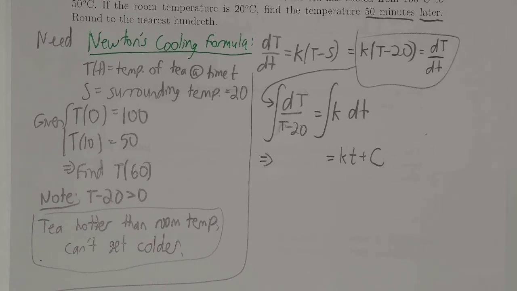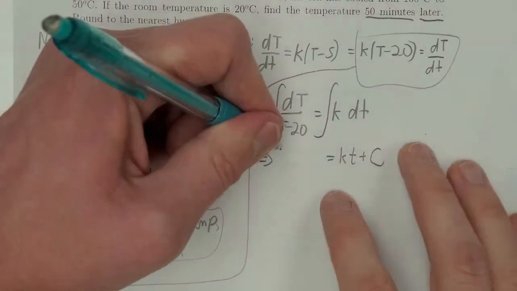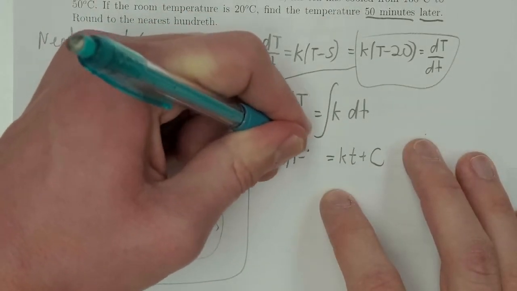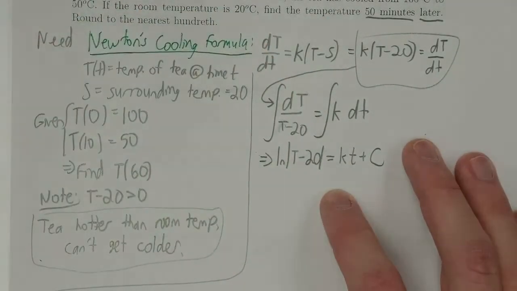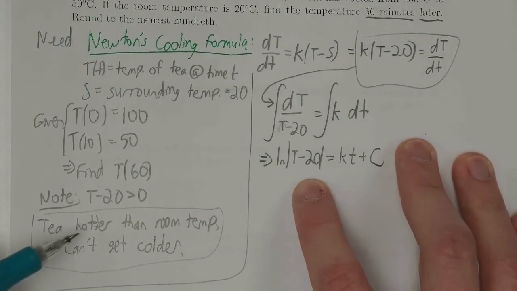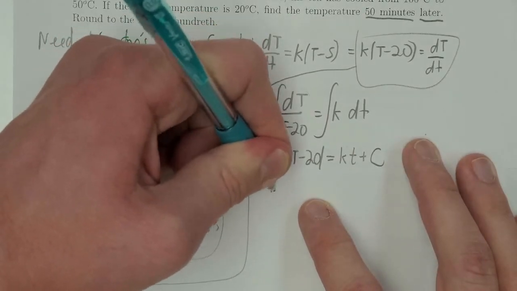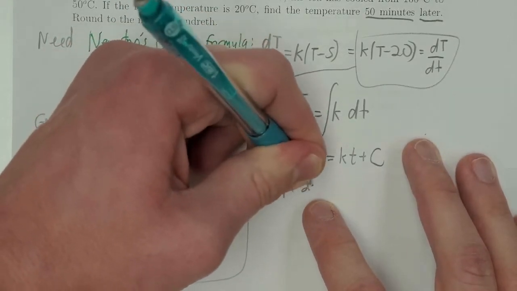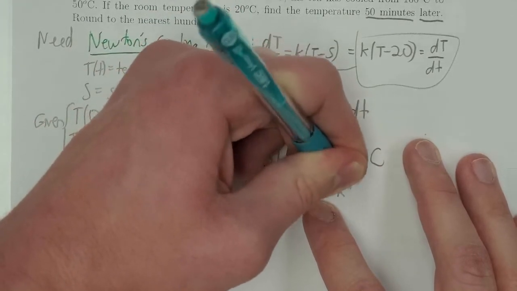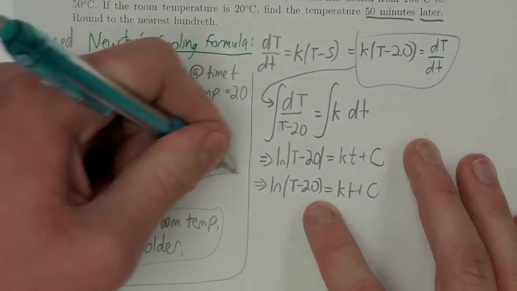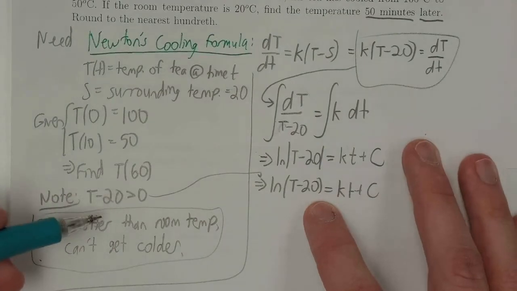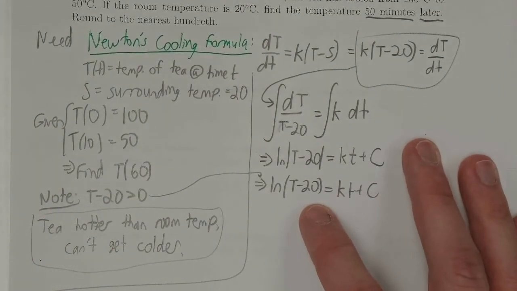Natural log of the absolute value of T minus 20. Yep, natural log of absolute value of T minus 20, right? But remember, as we already said, T minus 20 is already greater than 0, right? So in this case, we can actually do one better and say this is just natural log of T minus 20 equals kt plus c.